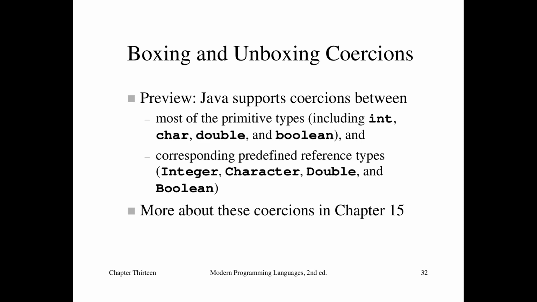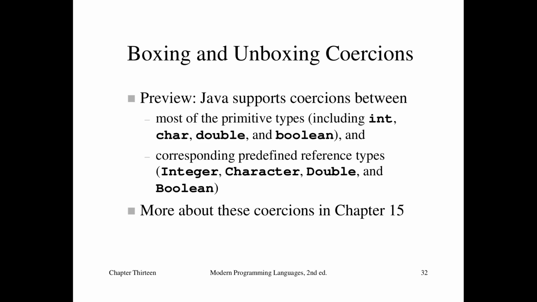This will happen automatically for you. If you're using a collection type like an ArrayList that takes in type Integer, because you can't use primitives for that, and you want to add just a regular int like 1 to that list, it will allow you to do that.